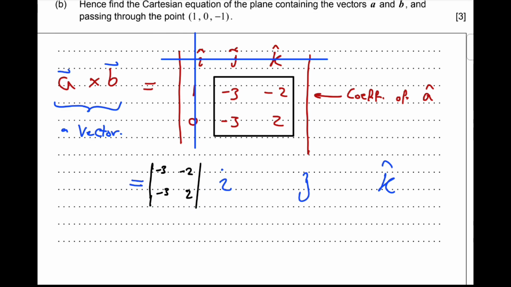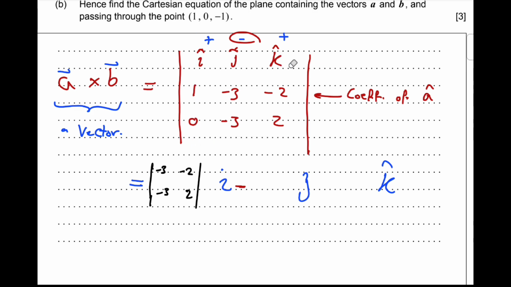And remember that the rule is you put these signs here: plus, minus, and plus. These signs are multiplied by the coefficient of each dimension. So for dimension j, first you have the negative sign coming from here, multiplied by the determinant of this 2 by 2 matrix.